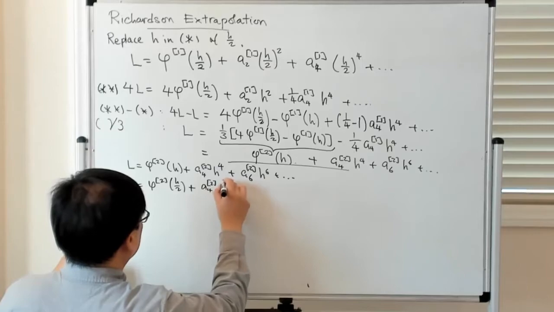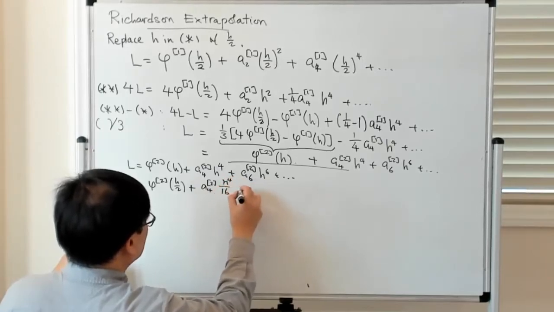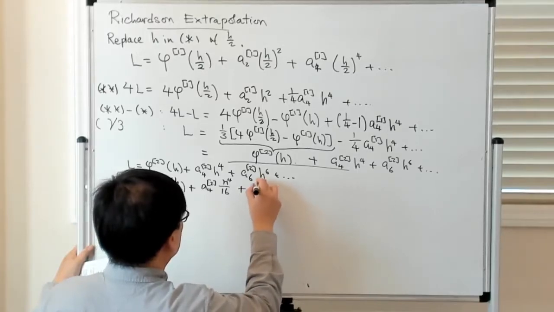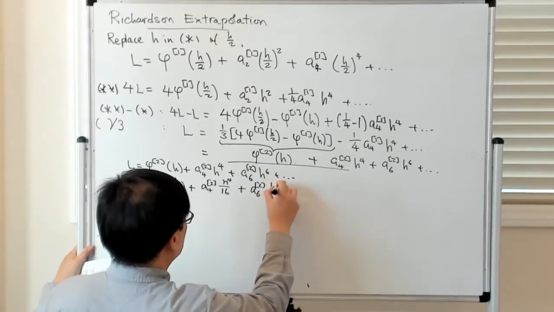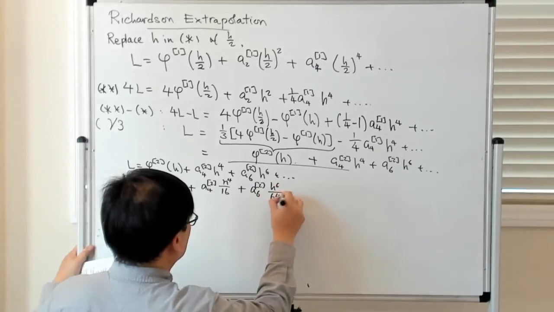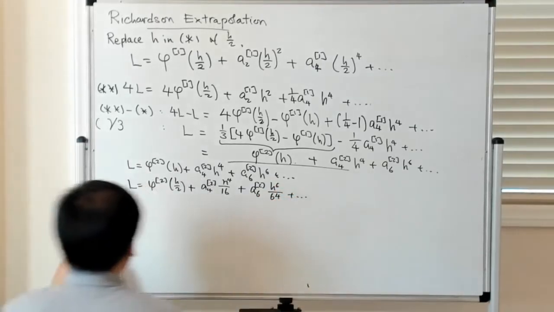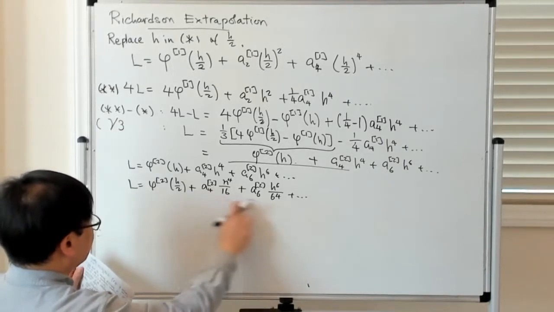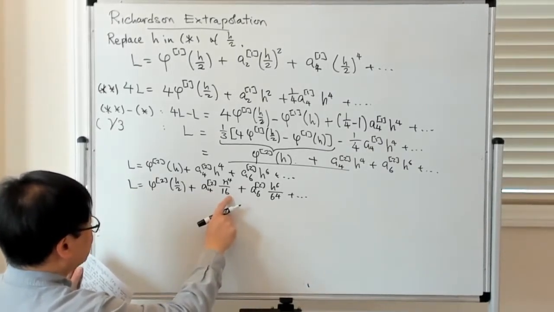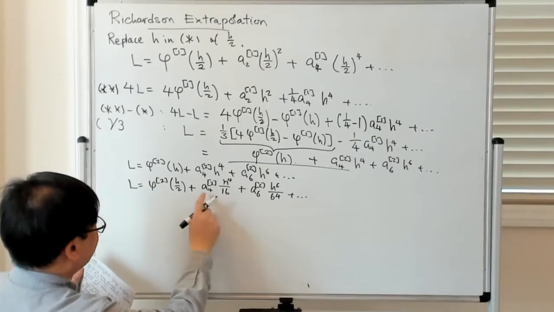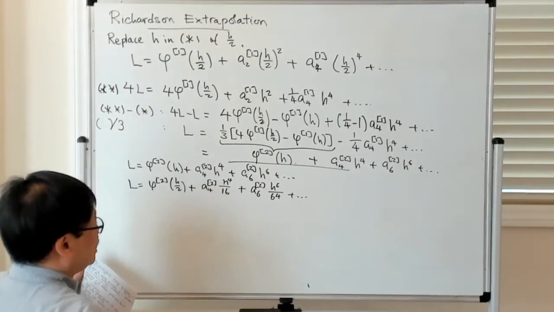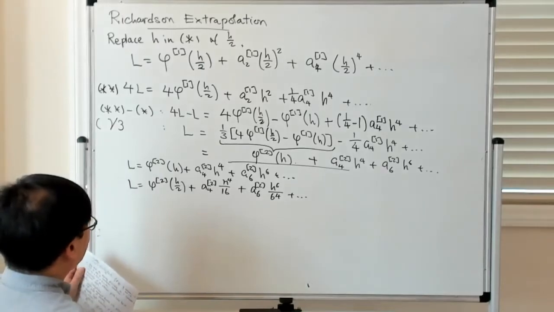So 1 over, well, h to the 4 over 16, plus a6 2, h to the 6 over 64, plus so on. All right, so again, I want to multiply the second equation by a factor of 16 now, so I get an a4 2 h to the 4 term, which agrees with this a4 2 h to the 4 term in the first expansion.